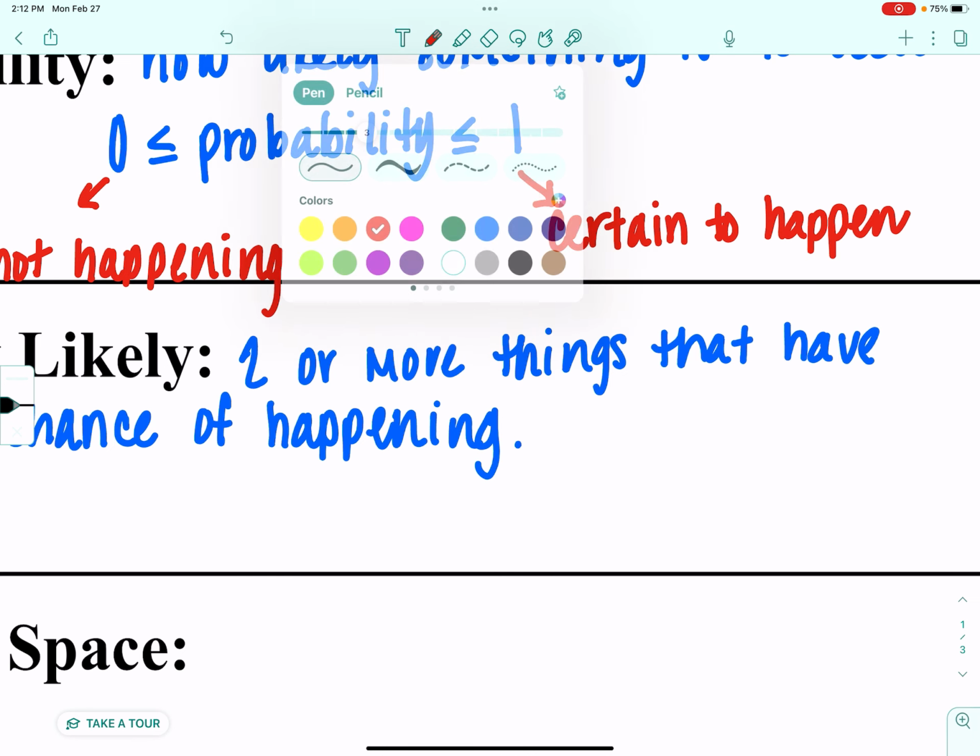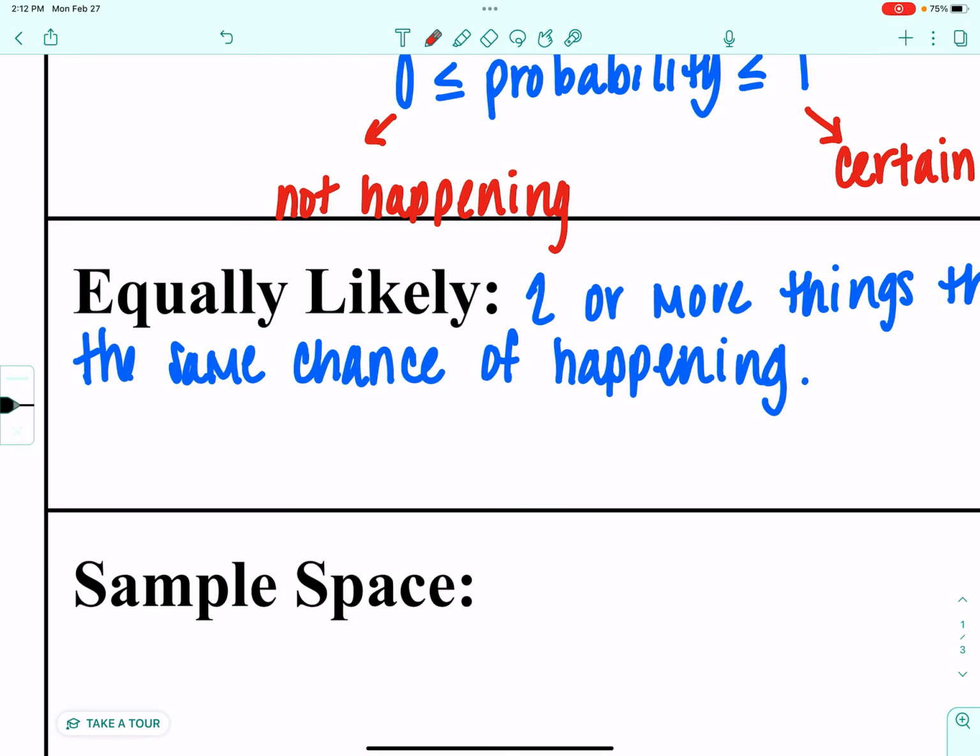So, let's give you a couple of examples.